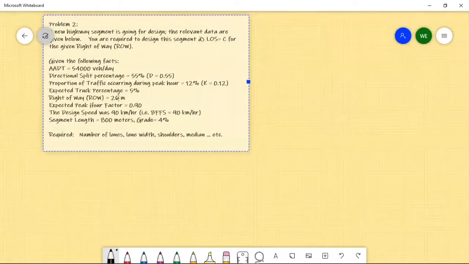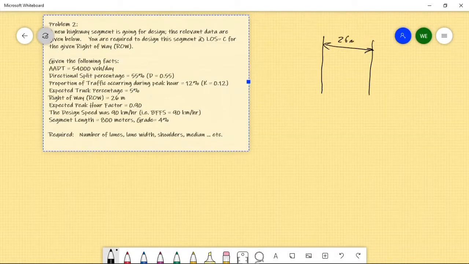So let's start. What we have here is basically a right of way of 26 meters to build this road.